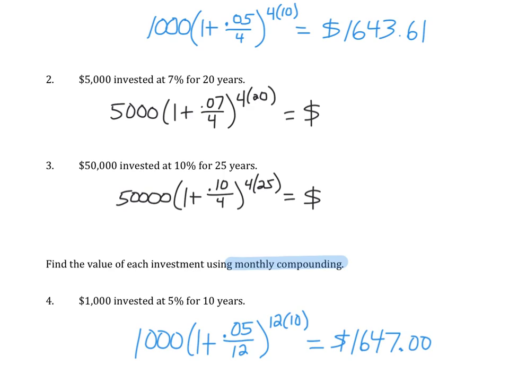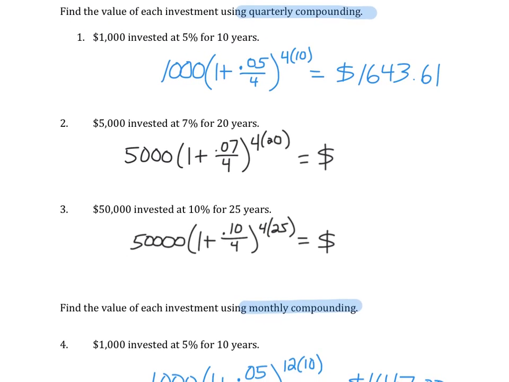But let's step it up. Number 2 says let's take $5,000, 5 times more money, higher interest rate of 7%, and let it grow for twice as long. And I've already done this calculation for you. It turns out that is $20,031.95. Not bad.